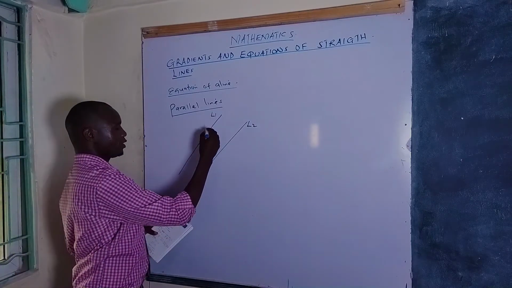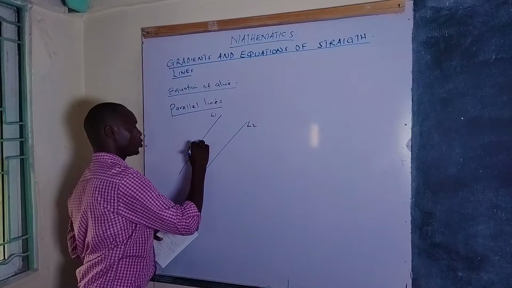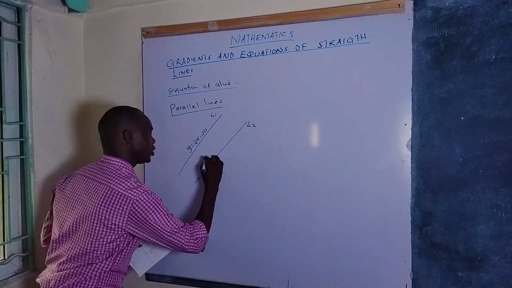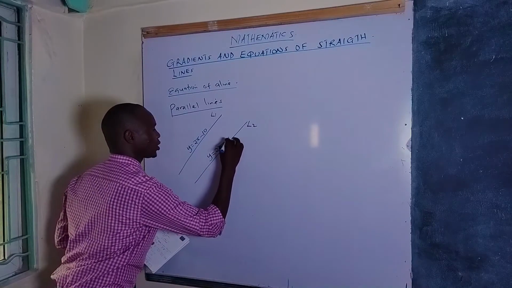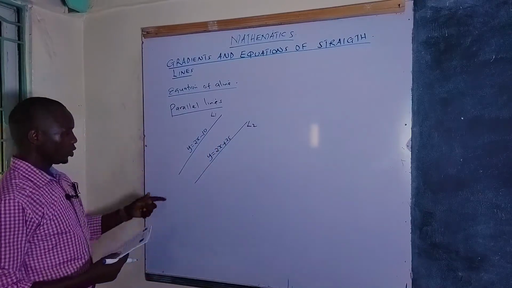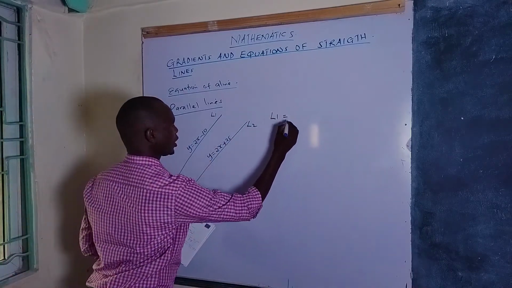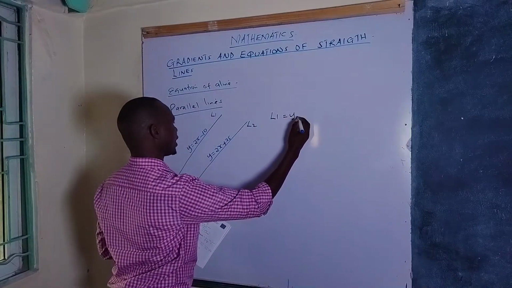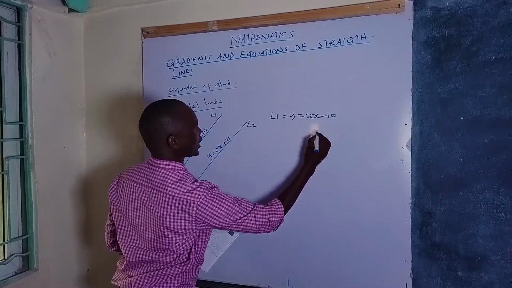And you have been given the equation of this line as y is equal to 2x minus, for example, 10. And this one also, its equation has been given as y equals 2x plus, even, 25. So line 1 has been expressed in the form y is equal to mx plus c, and our y is going to be equal to 2x minus 10.